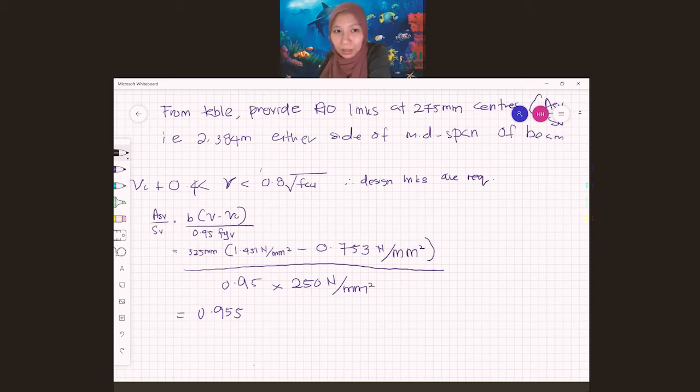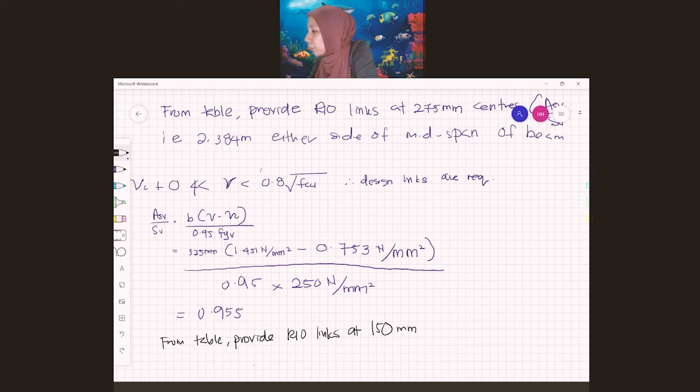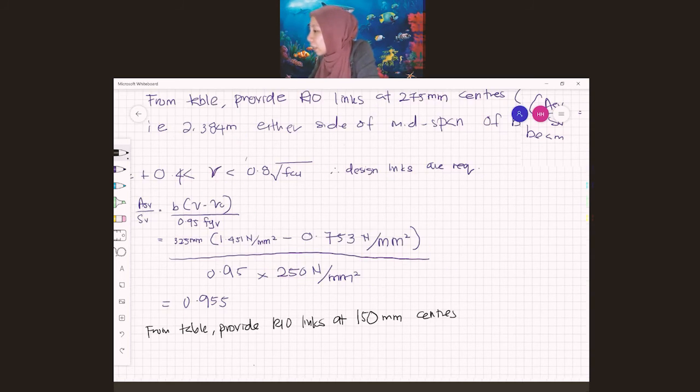Jadi kita pun bolehlah tulis lagi. Apa kita tulis? Tulis from table lah, pakai je lah ayat tu. Provide R10 links at 150 mm centers.